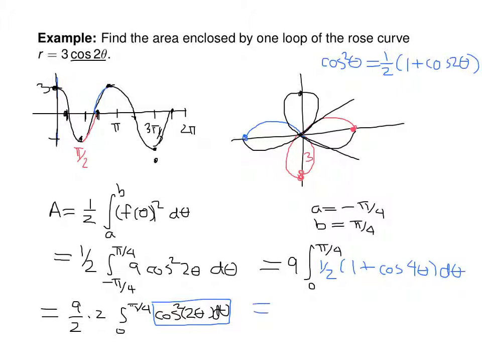So that gives us 9 over 2 times theta. The antiderivative of cosine is sine, so we'll have 1/4 sine of 4 theta from 0 to pi fourths.